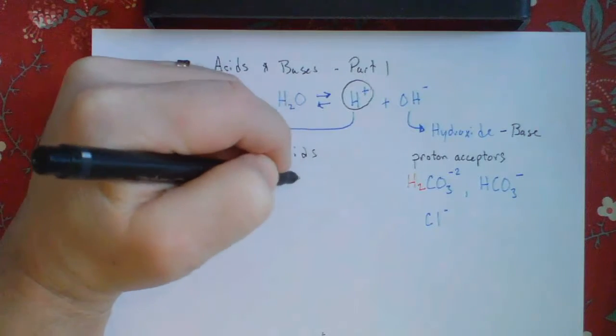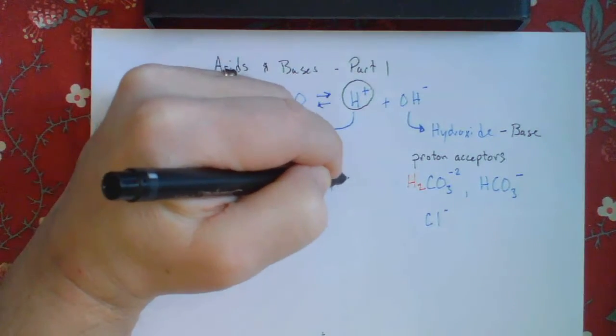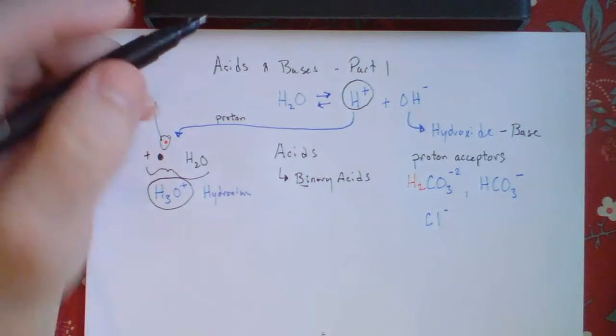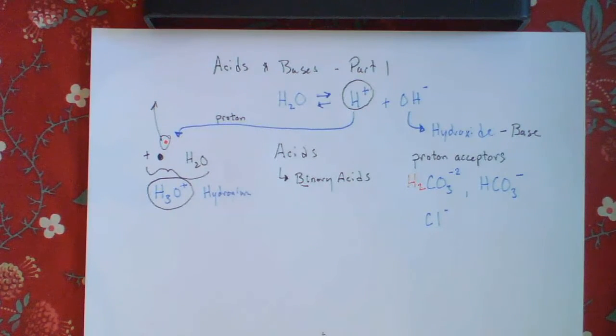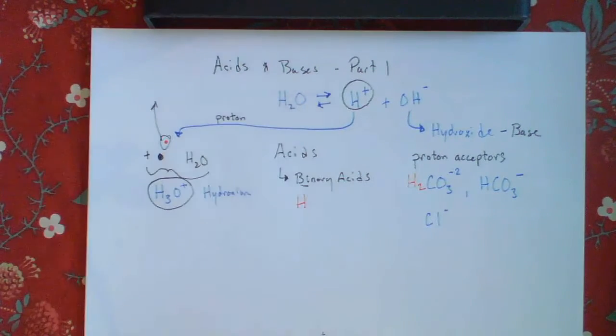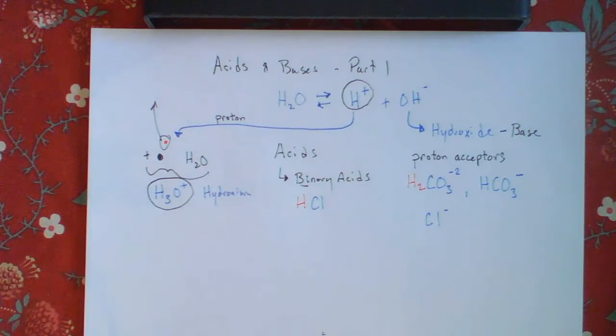They're binary acids, and the word binary, meaning 2, is an example of when we take, say, hydrogen and attach it. So here's a hydrogen that's attached to our chlorine. This is going to make hydrochloric acid.